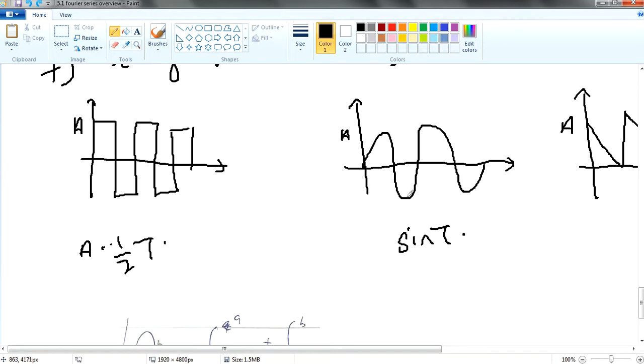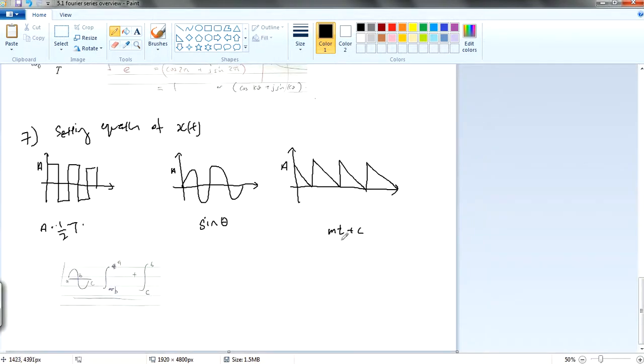And then for sine, the trend is actually sine of some angle, theta. Okay, and then this is some mt plus c because this portion is linear.